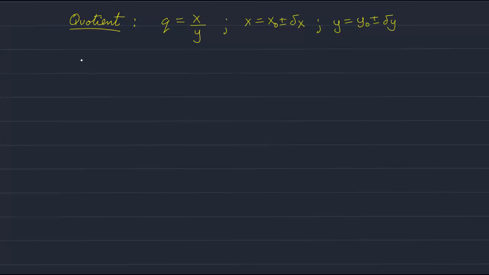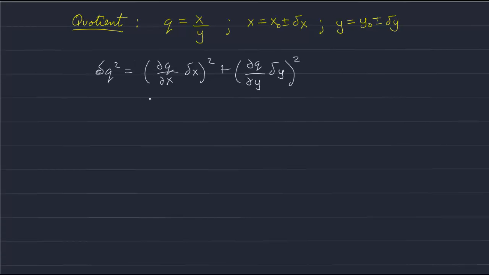So the squared uncertainty of Q is again equal to the partial of Q with respect to x times delta x, and that's all squared, plus the partial of Q with respect to y times delta y, and that whole thing is squared.